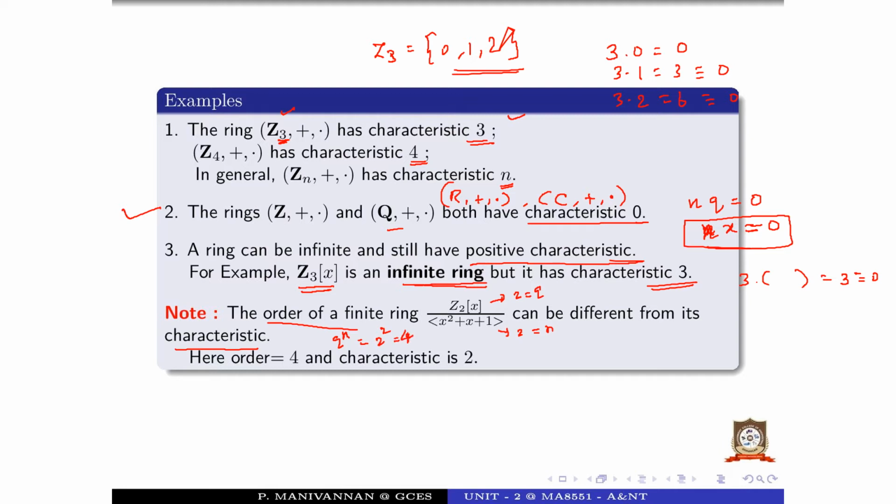So this quotient ring has 4 elements. But the characteristic of this ring, whose coefficient ring is Z2: if we multiply each and every term by 2, the answer will be 0. Hence, the characteristic value is 2.